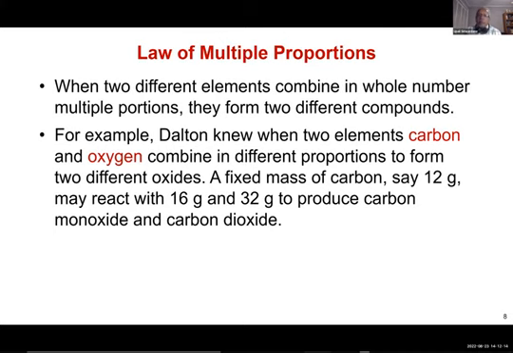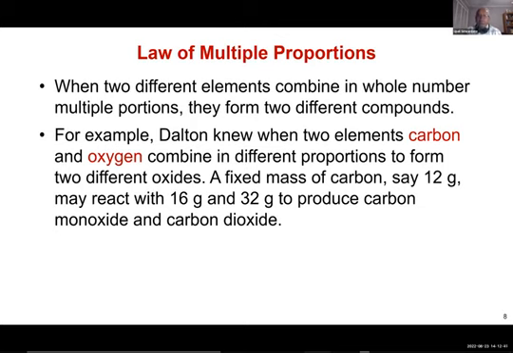If you take 12 grams of carbon, it can react with 16 grams of oxygen to give carbon monoxide, CO. 12 grams with 2 times 16, that's the multiple proportion.